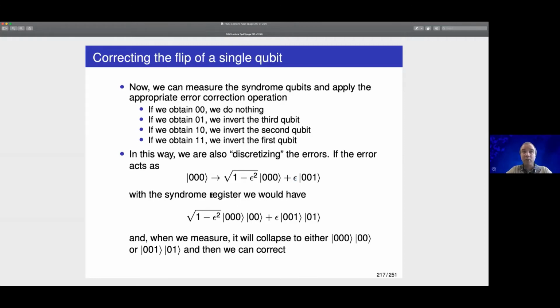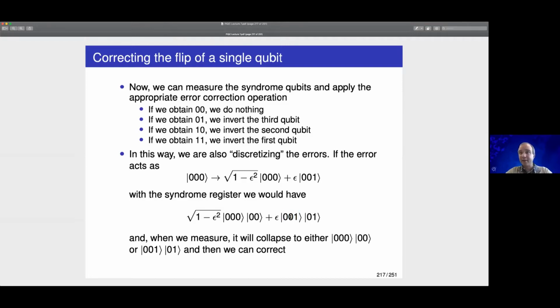But notice that when we apply the ancillary qubits in order to measure the syndrome, what we do is to entangle each of these possible basic states with its syndrome. So for this, we are going to obtain syndrome 0, 0 because the 3 qubits are the same. And for this part here, which is part of this superposition after the error has occurred, we obtain the correct syndrome for this part, okay?